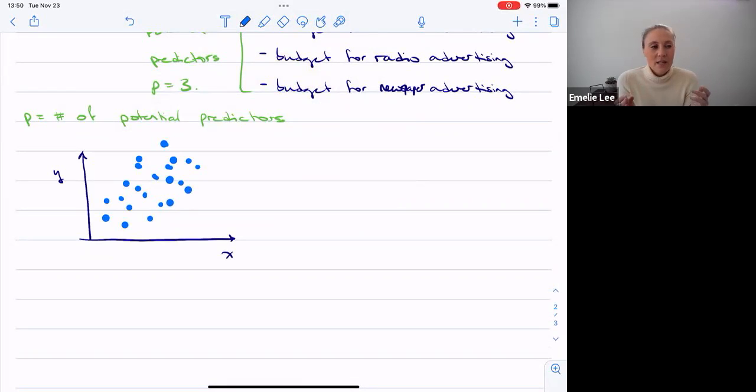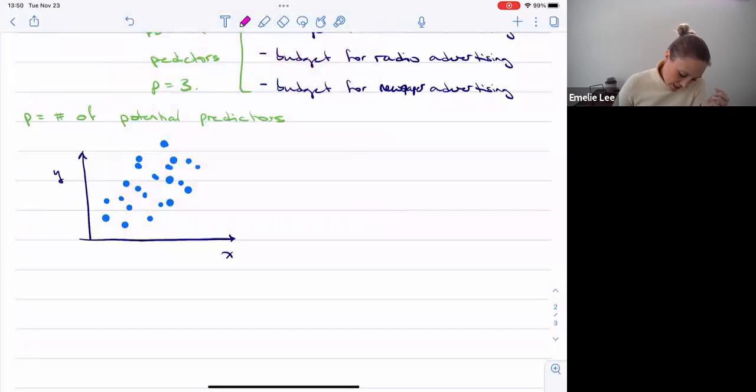Now, looking at this, if I had to describe it with a shape, I would say, yeah, it looks like a straight line, or it looks like I could summarize it with a straight line. Now, this is where we get into, okay, we're going to focus on linear regression. So either it is a straight line or we force it into some sort of straight line. That's an option too. Just makes it a little bit trickier to deal with. But what we're assuming is that we can model with a straight line.